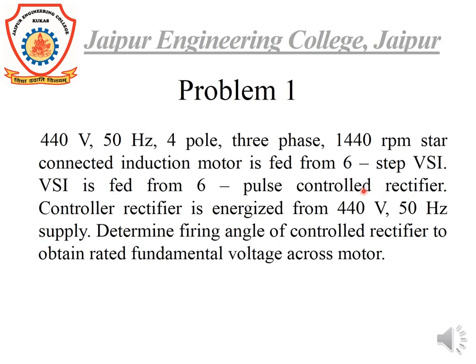So we can see that initially the AC is converted into DC, and then the DC output of the rectifier is fed into the inverter, the voltage source inverter, which is 6 step. Now the controlled rectifier is energized from a 440 volt 50 hertz supply. Now what we have to find: determine the firing angle of the controlled rectifier to obtain rated fundamental voltage across the motor.